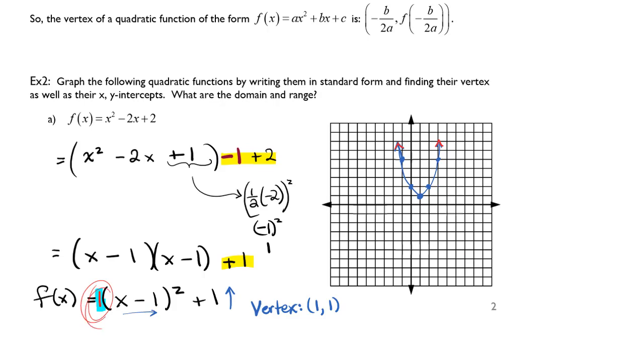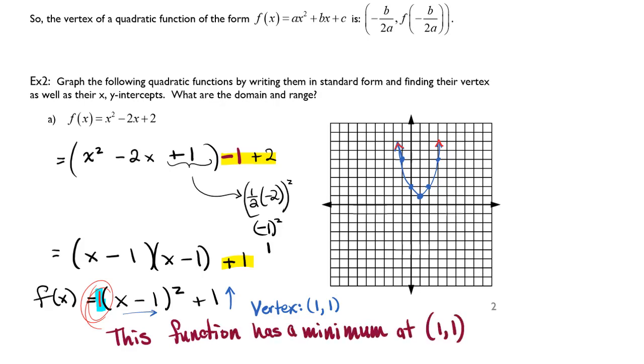So this function has a minimum, and the minimum is at 1, 1. If your function has a leading coefficient that is negative, your parabola will have a maximum because it will flip the parabola so it is opening downward.